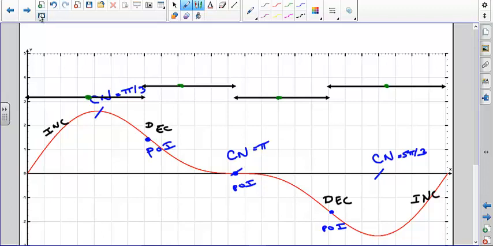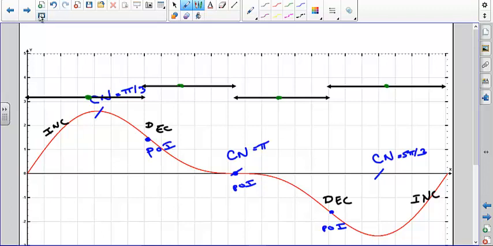Our next possible point of inflection was here. We're going from concave down to concave up, so this is a point of inflection because we have a change in concavity. And then we come back to 0, and we go from concave up to concave down. So there's all kinds of concavity stuff here, so it's a little more interesting than the polynomial.